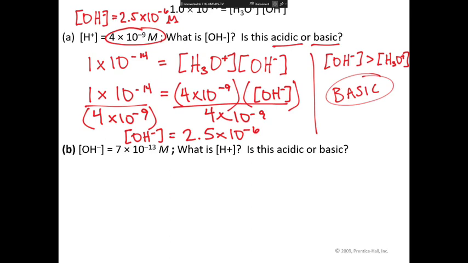Okay, let's try the next one here. It goes the other way. If the OH minus is 7 times 10 to the negative 13th, what's the H plus? Well, once again, we can say 1 times 10 to the negative 14th equals, this time we're looking for H plus, times OH minus, which is 7 times 10 to the negative 13th.